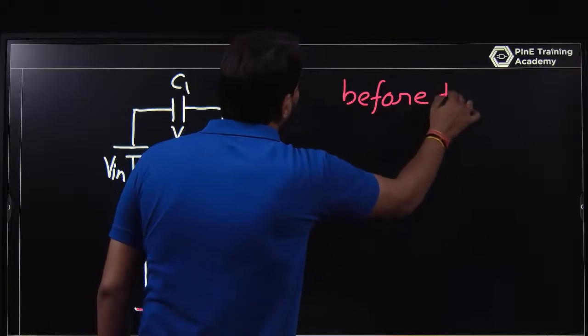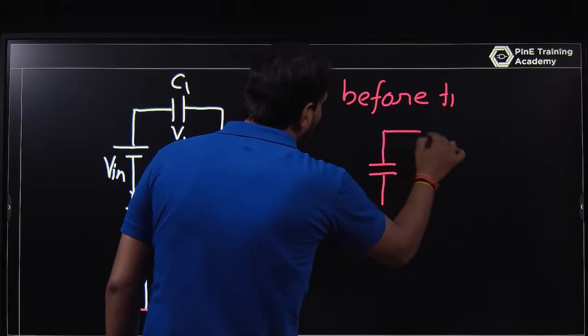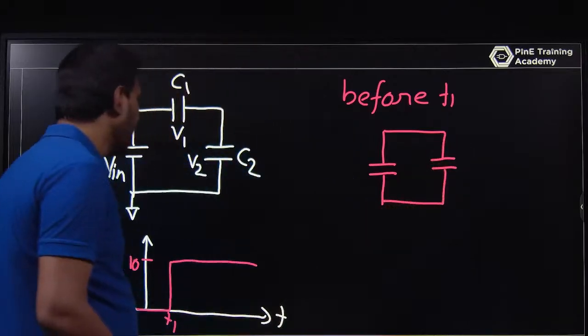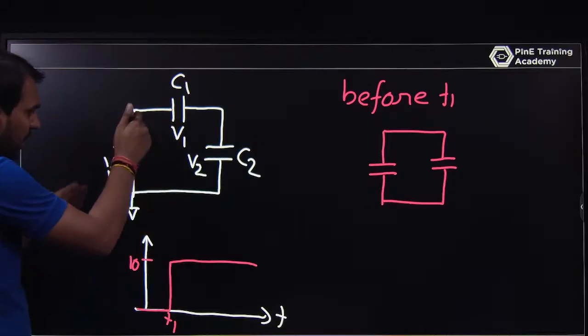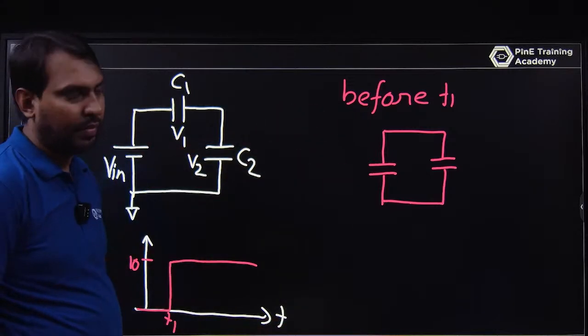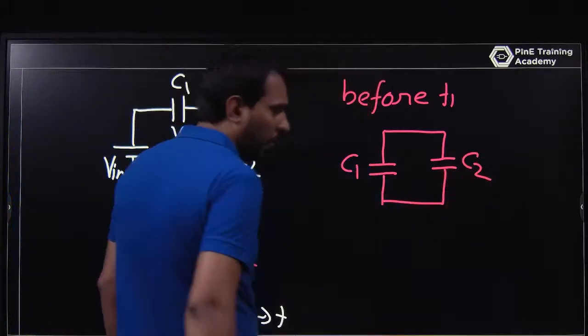Before T1 this capacitor and this capacitor are connected like this. This is connected in a short circuit path because the input voltage is 0. So it is connected in a way, and this is C1 and this is C2.